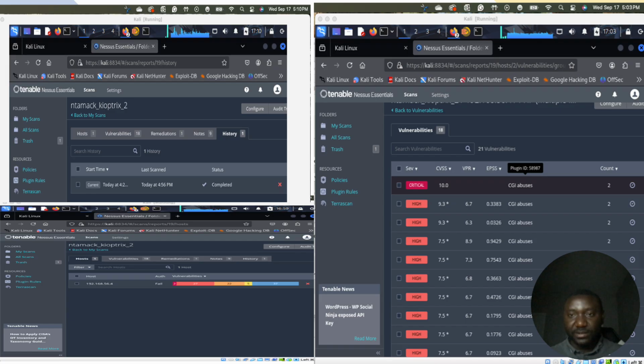On the right side, you can see that most of the critical and high vulnerabilities found were based on CGI abuse.